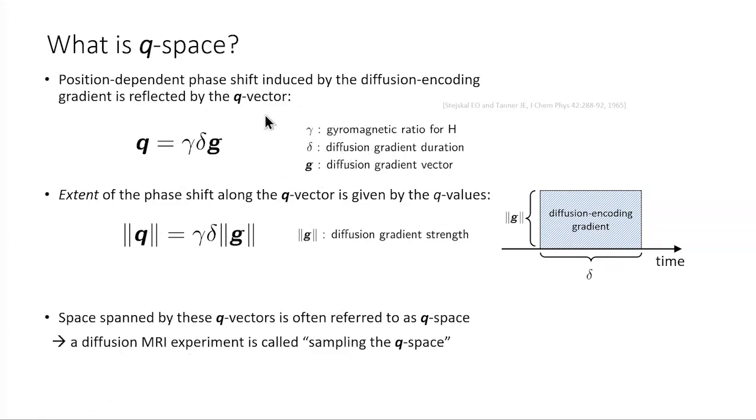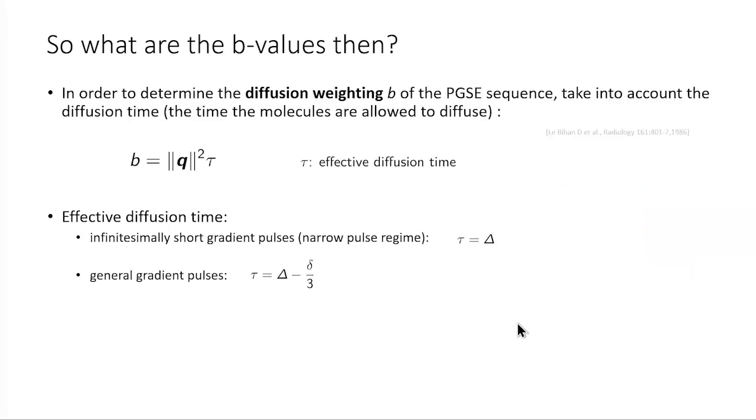Typically in a diffusion-weighted experiment, we acquire a series of images, and each image has its own characteristic q-vector. Together, these vectors make up the q-space, so that's why a diffusion MRI experiment is typically referred to as sampling the q-space.